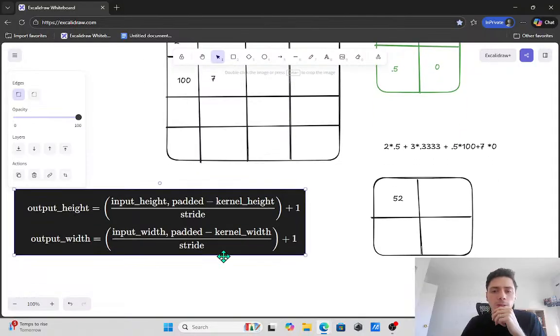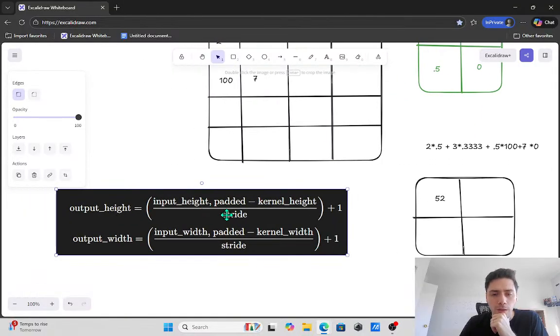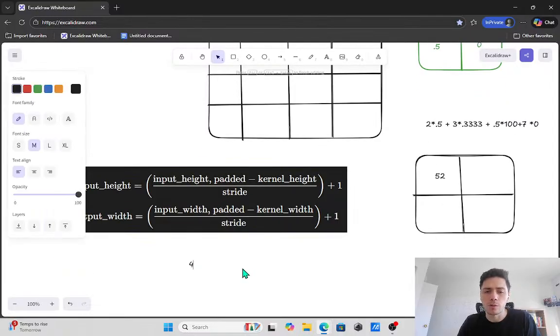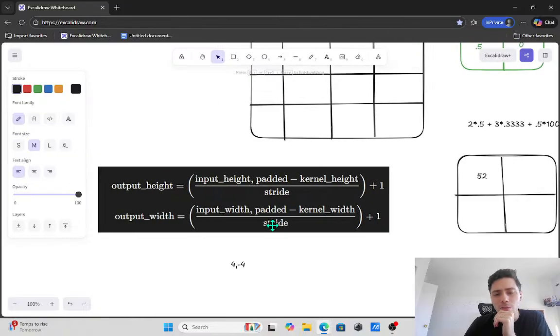So we have input height, in our case a 4x4, we have no padding, so that's 0, and we have a kernel height of 2, and a stride of 2. So it'd be something like 4, comma, minus 4. So 0 divided by the stride is 2 plus 1, but that's not right.